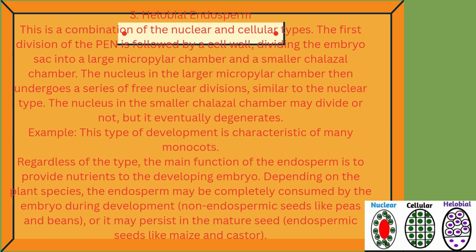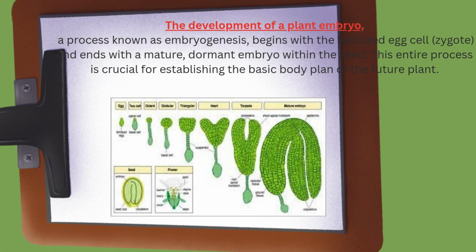The nucleus in the large micropylar chamber then undergoes a series of free nuclear divisions, similar to the nuclear type. The nucleus in the smaller chalazal chamber may divide or not, but eventually degenerates.